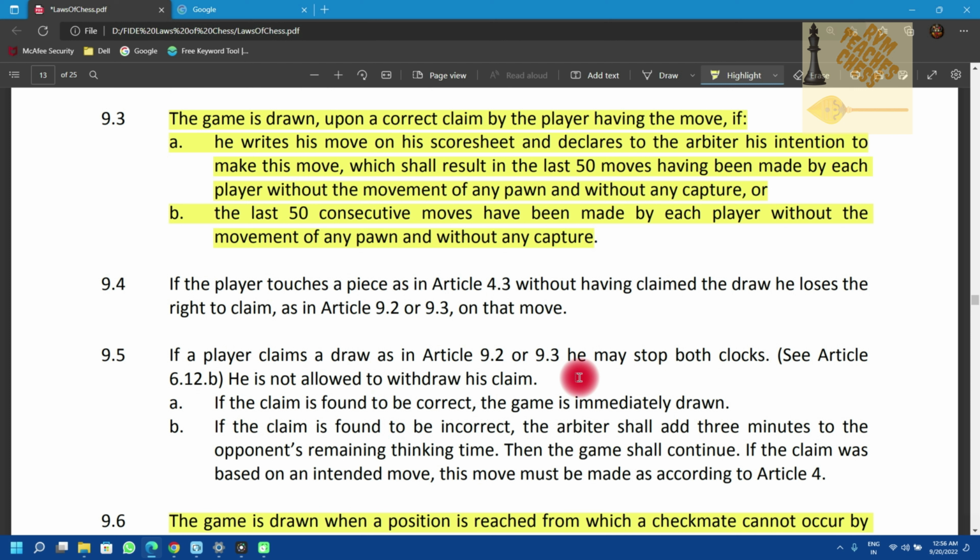Okay. The game is drawn upon a correct claim by the player having the move if he writes his move on his score sheet and declares to the arbiter his intention to make this move, which shall result in the last 50 moves having been made by each player without the movement of any pawn and without any capture, or the last 50 consecutive moves have been made by each player without the movement of any pawn and without any capture.